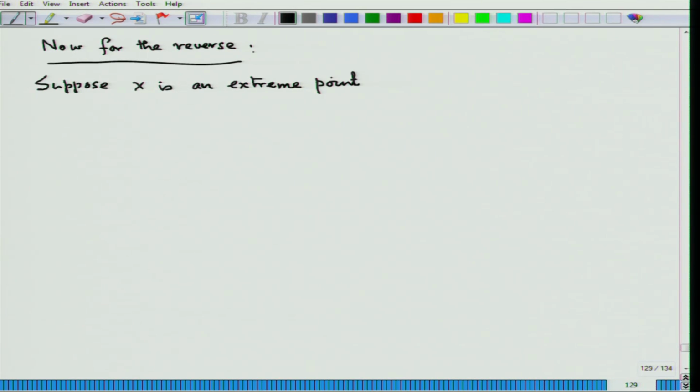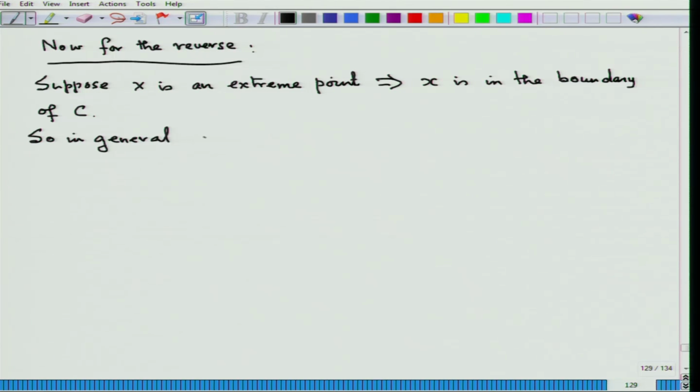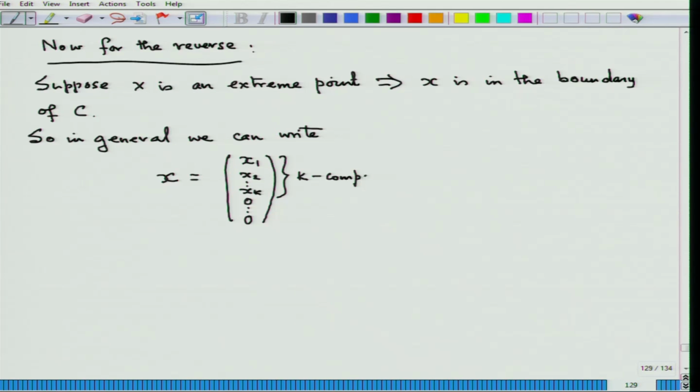So, x is not an interior point, so this implies that x is in the boundary of C. So, in general, without loss of generality, we can write x is equal to, so the first k components are non-zero, where x is an element of C, it is an extreme point, and n minus k components are zero.